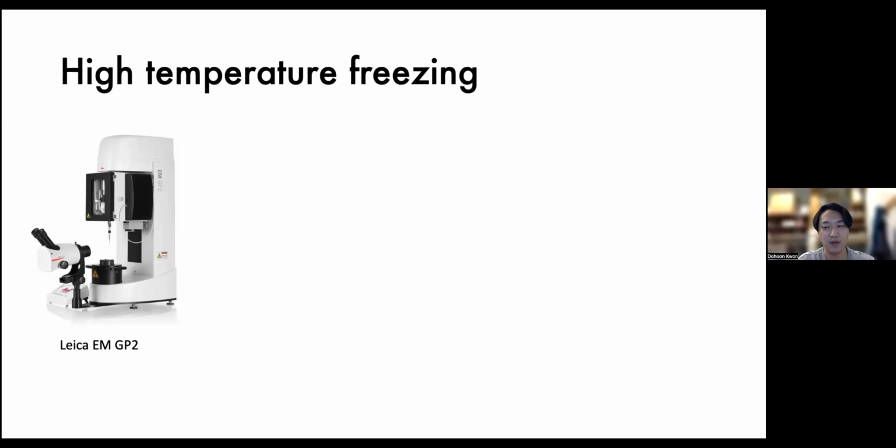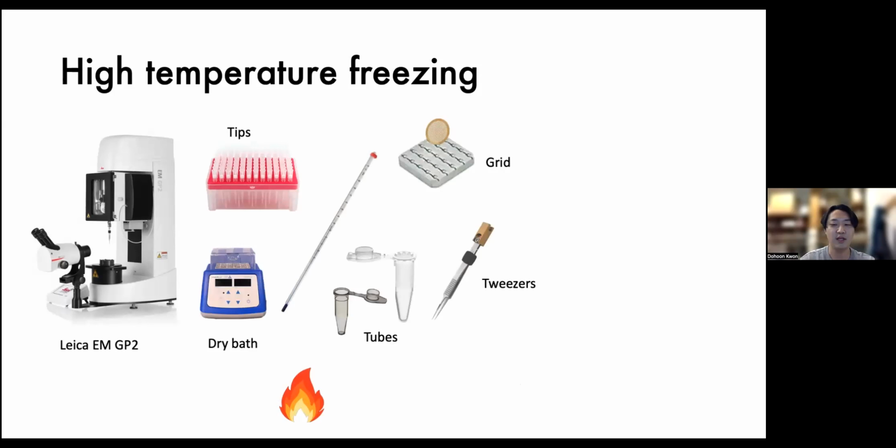The activation temperature is around 42. That means it requires heating up all equipment. So if someone wants to try this high temperature freezing protocol, I just want to emphasize preheating all tools which contact the sample: the tip, tube, tweezers, grid, and even the blotting paper as well.